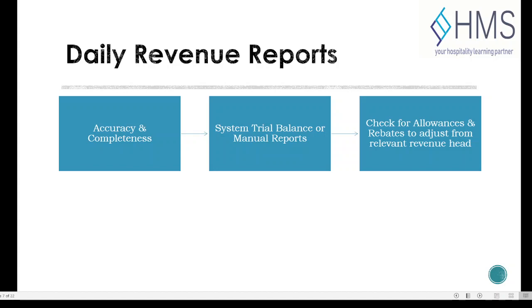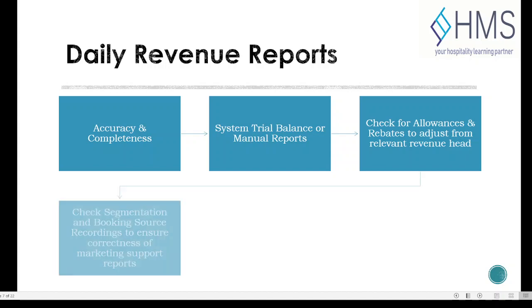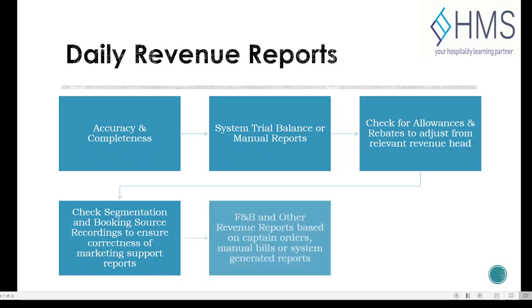And then once they send out the daily revenue report, they normally check for allowances and rebates to adjust from the relevant revenue head. They check the segmentation and booking source recordings to ensure that they are correct for marketing. That's also done on a daily basis. And then for F&B revenue, they will check the captain orders.